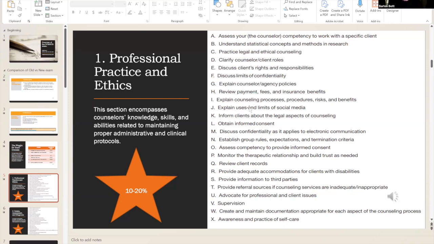So we see things such as review payment fees and insurance benefits, explain counselor agency policies, review client records, advocate for professional and client issues, supervision, clarify counselor client roles, all things which are covered in the ACA ethics. That is the guidelines, again, that drives the industry.